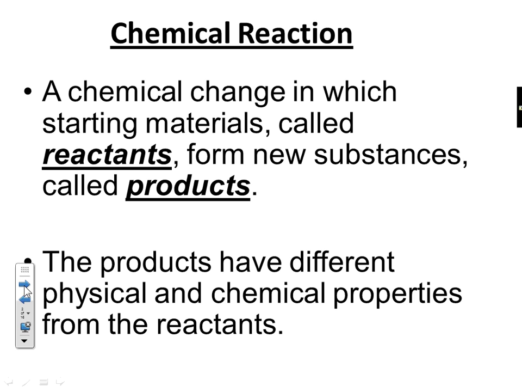So let's just talk a little bit about what a chemical reaction is. No need to rewrite chemical reaction because you just wrote that down. Here we're defining reactants and products: starting material reactants, the new substances produced, the products.